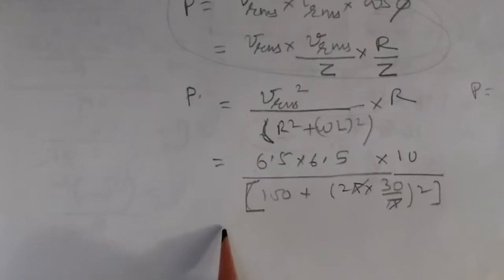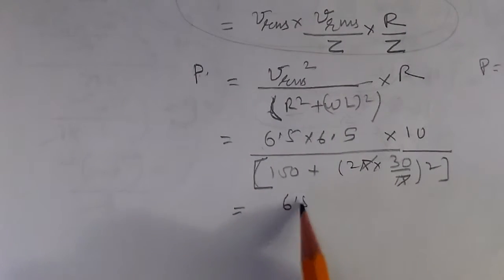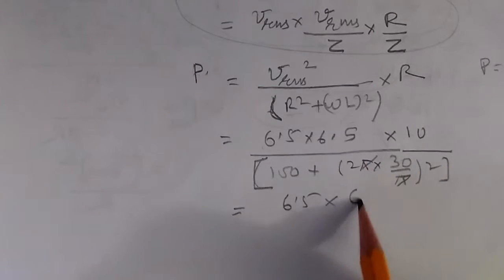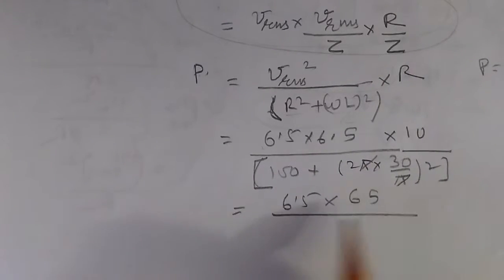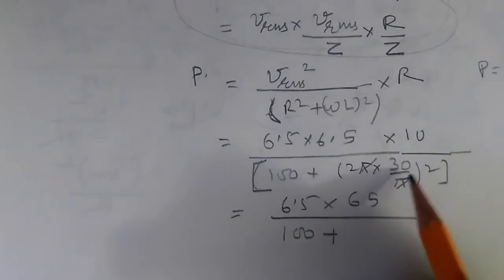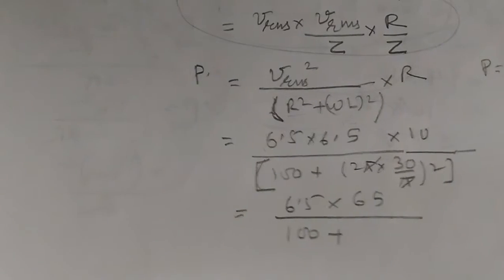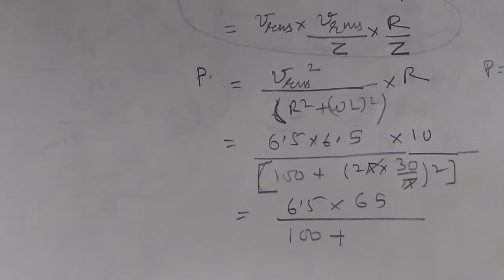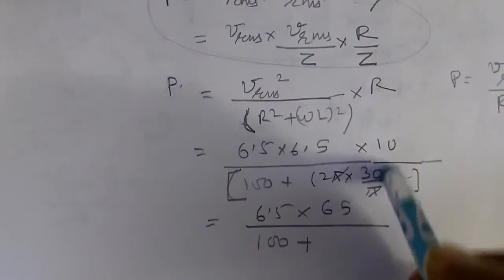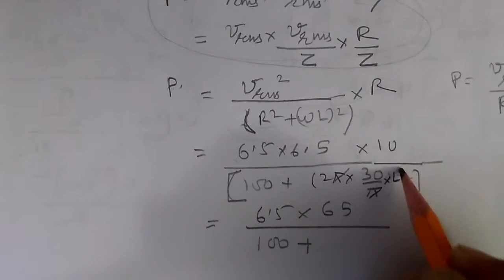Pi cancels. We have 10 into 6.5 into 6.5, and 6.5 into 10 is 65, divided by 100 plus, okay, you forgot this L. L is 0.4, so I will do some correction: 2 pi into L, whole square. Here L is 0.4.